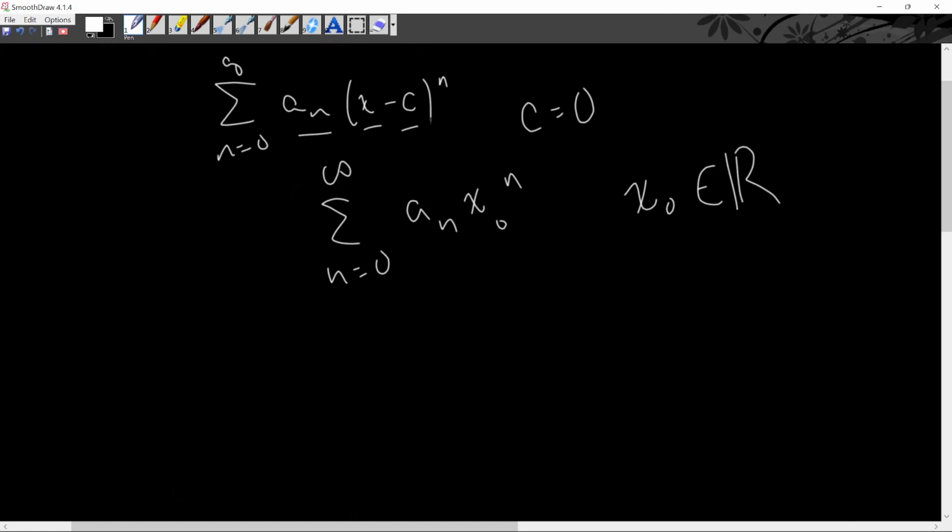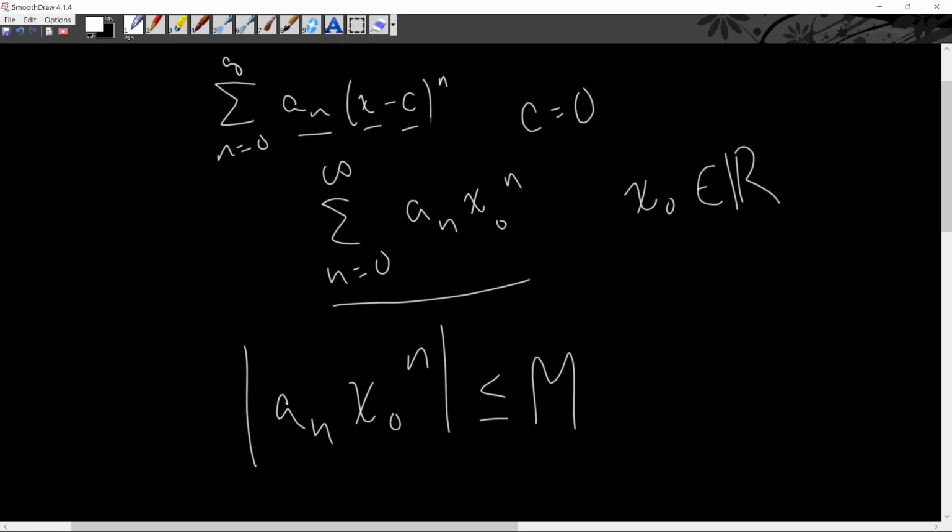And it converges to 0 because, if we assume that this series converges, then all of its terms within the sequence converge to 0. And if they converge to 0, there is an upper bound, right? There has to be a maximum. So it is bounded from above, and we will say that the absolute value of a sub n times x sub 0 to the nth power is less than or equal to a maximum value of m, right?